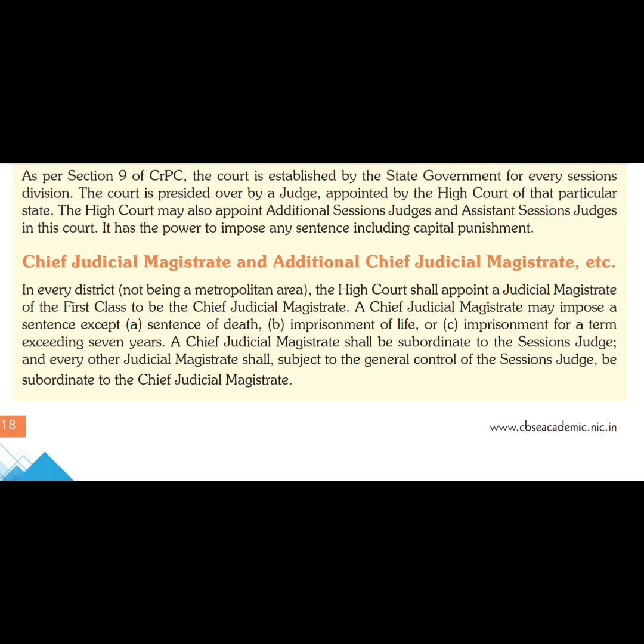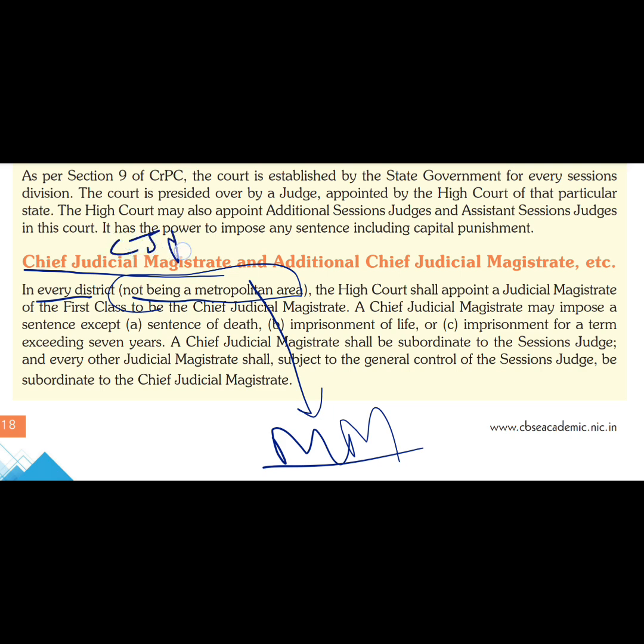Now it is very important: for every district we have a CJM, but for a metropolitan area we have a metropolitan magistrate, which in short I denote as MM, and this is CJM. Fine. So remember, CJM is for every district which is not a metropolitan area.